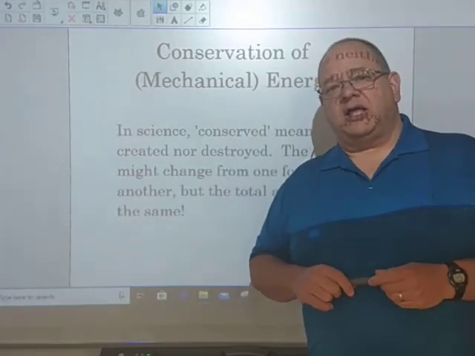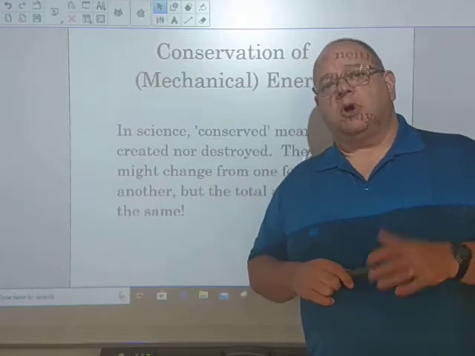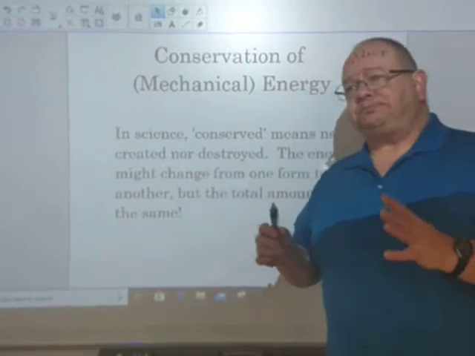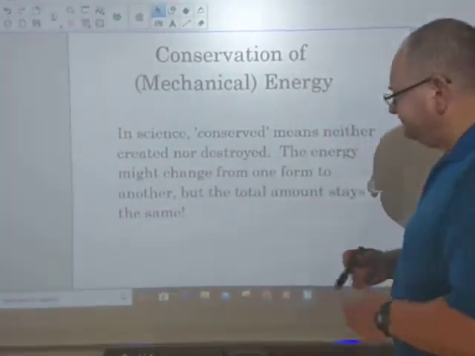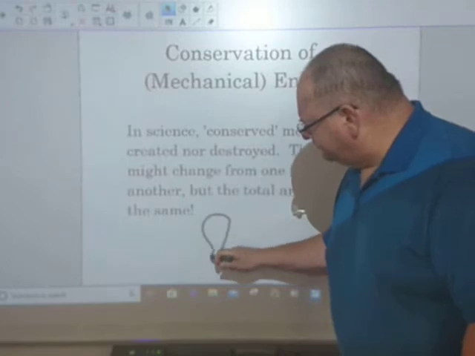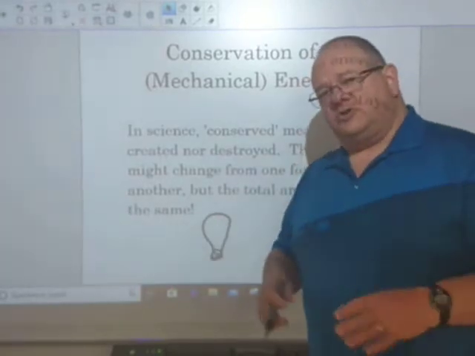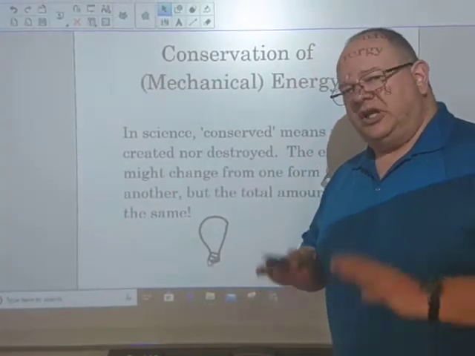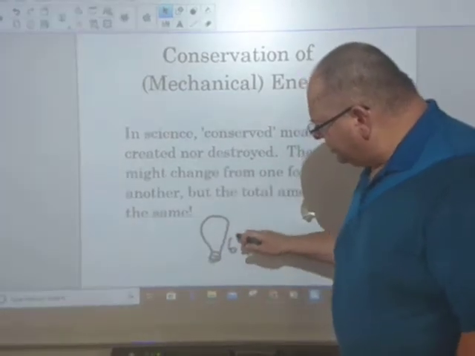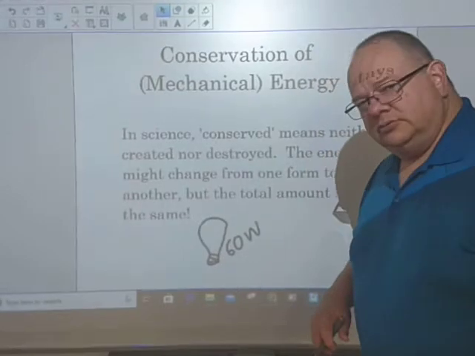Honestly, I just realized that I forgot at home a prop that I was going to use with you guys. I had 3 light bulbs. The first was a regular old-fashioned incandescent light bulb, and it's labeled as 60 watts.